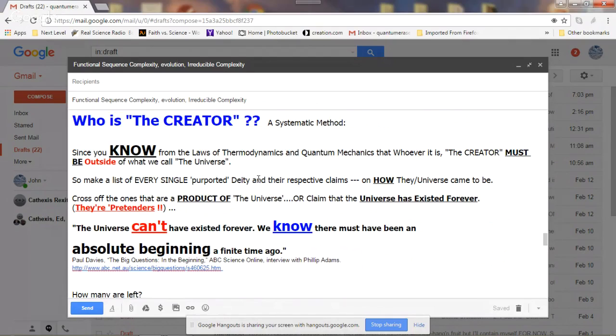Since you know from the laws of thermodynamics and quantum mechanics that whoever it is, the creator must be outside of what we call the universe, make a list of every single purported deity and their respective claims on how they or the universe came to be.